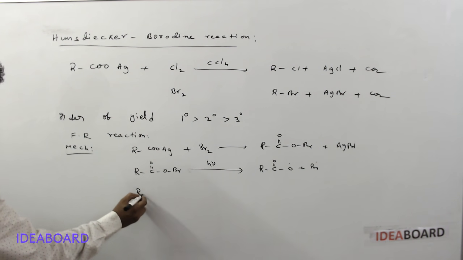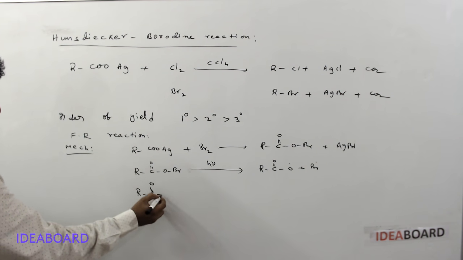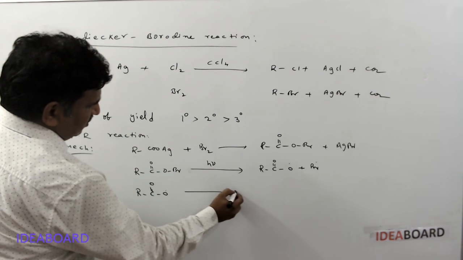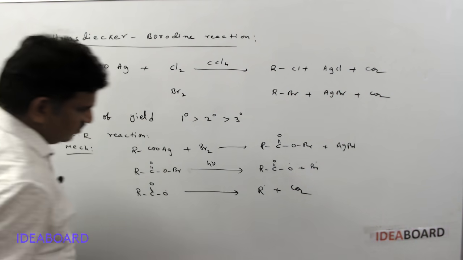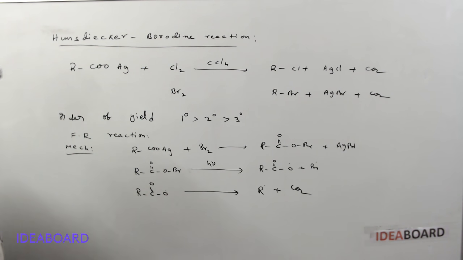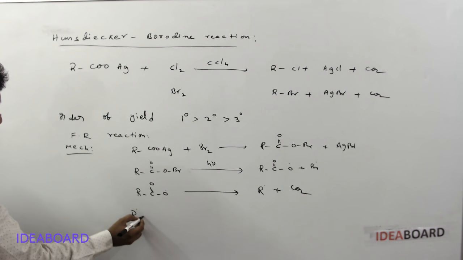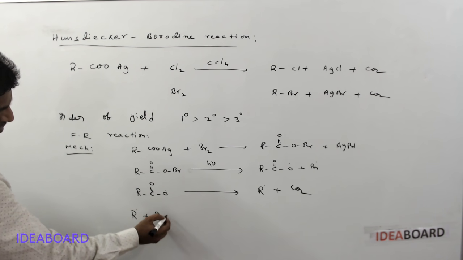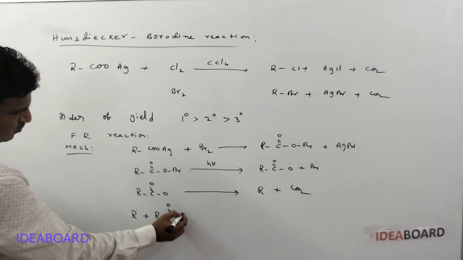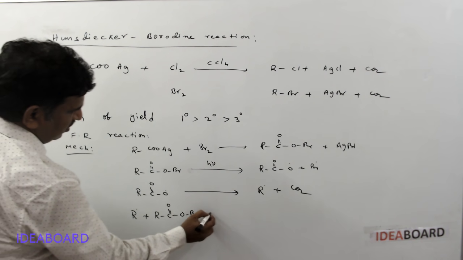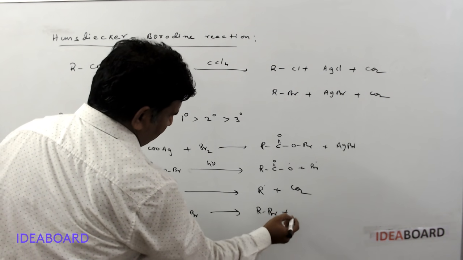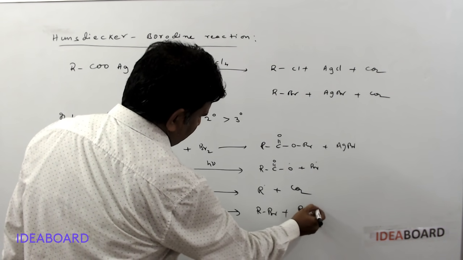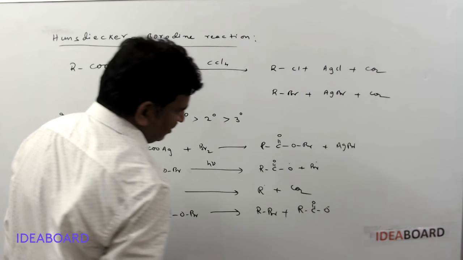And this RCOO free radical again decomposes to give R free radical plus CO2. The CO2 molecule formation occurs, and in the next step the R free radical reacts with RCOOBr, giving RBr plus again the RCOO free radical is formed.